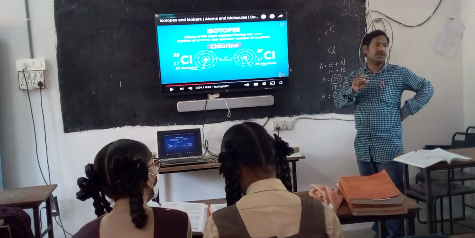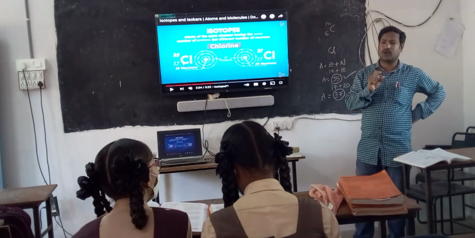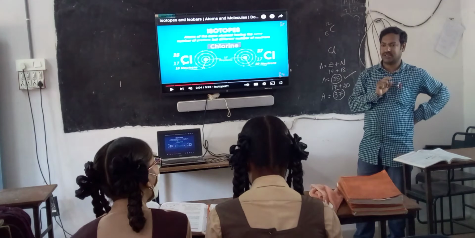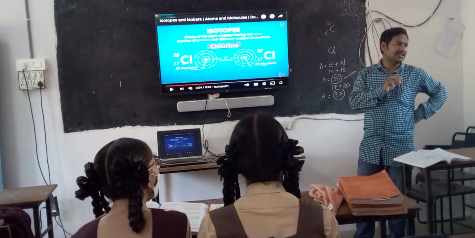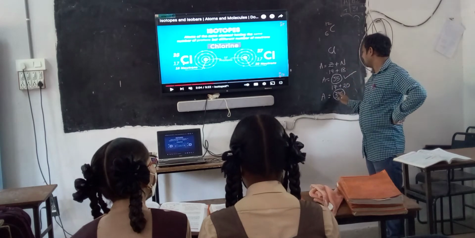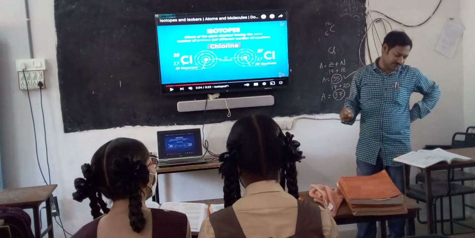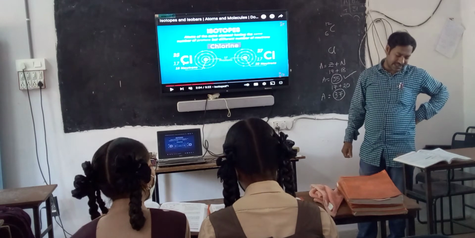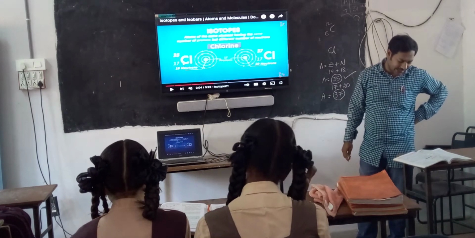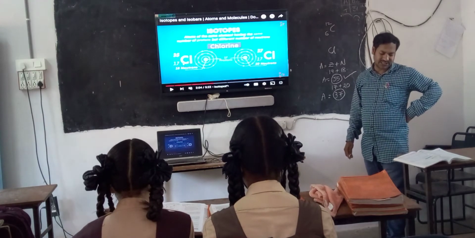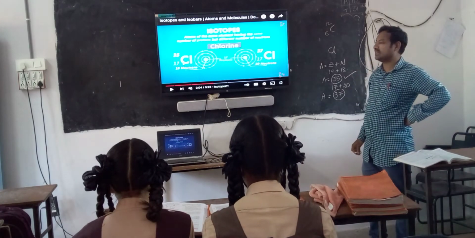One has atomic mass 35 and the other has atomic mass 37. The isotope with mass 35 is present in 75%, and the isotope with mass 37 is present in 25% in nature.